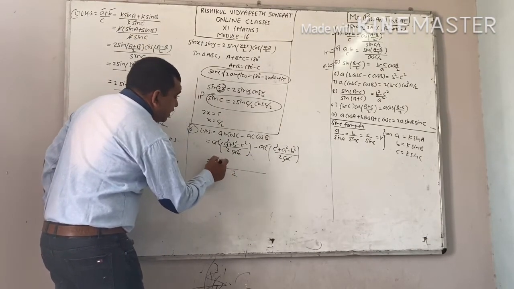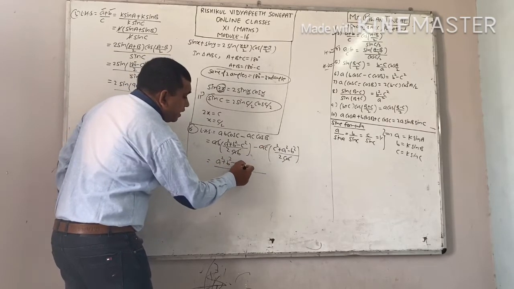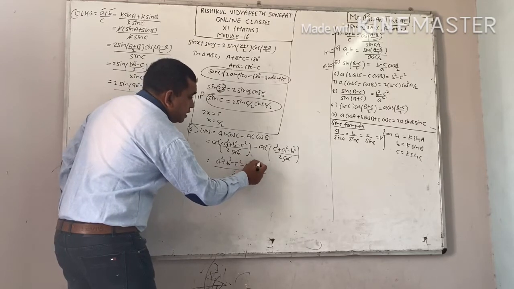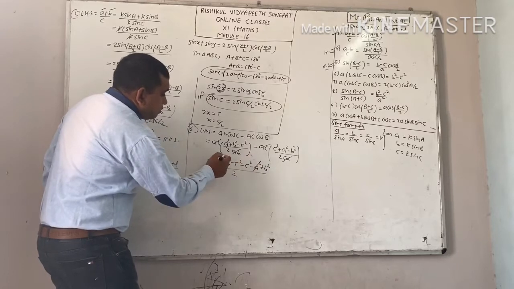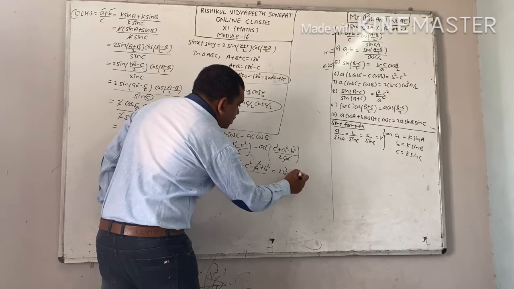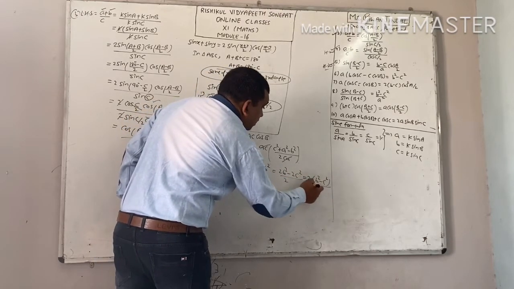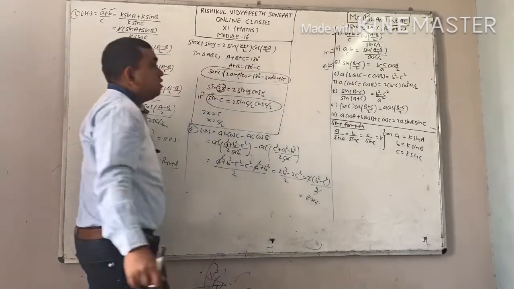What you will get? a square plus b square minus c square, and from here you will get minus c square, the sign will be changed because the negative sign is outside, minus b square plus b square. Now this a square cancels out. You will get (2b square minus 2c square) upon 2. Take 2 as common. This 2 will be cancelled out and the remaining is the answer you have to get.